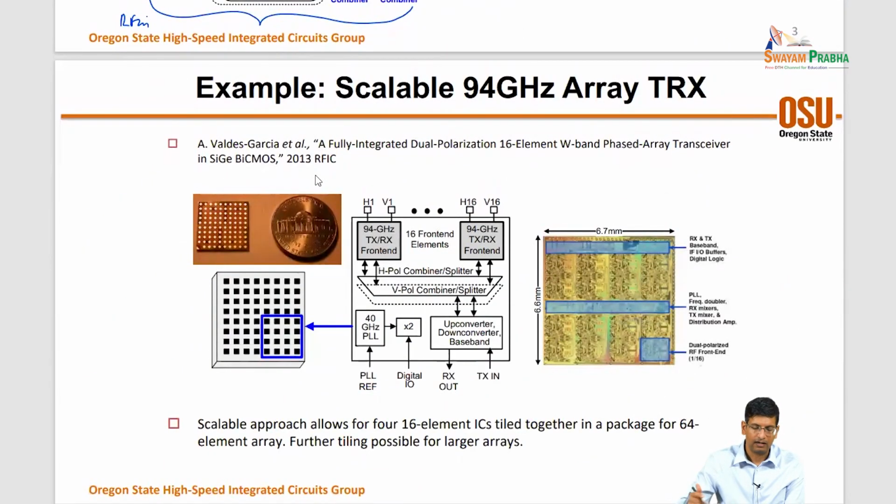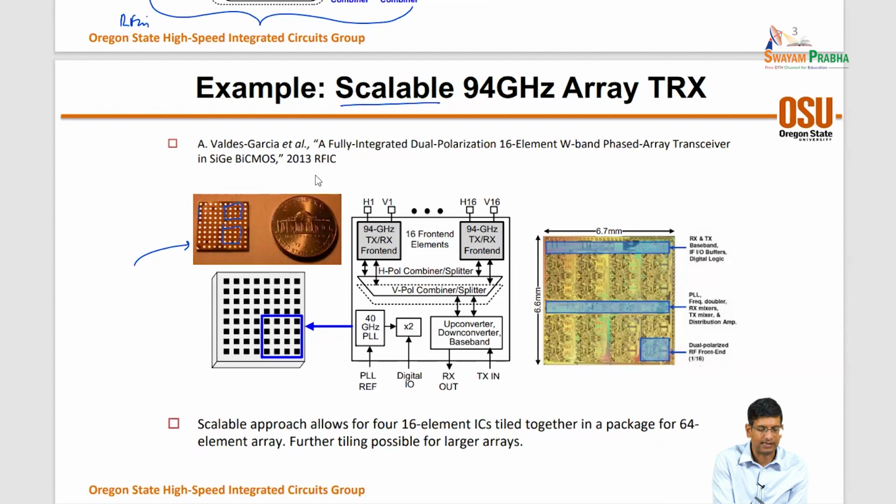And then following on, we looked at architectures that could be scalable as a unit cell tile, so that what I'm trying to build is a large scale array. So while this has 100 patches, only 64 of those patches are excited by actual elements. The others are sort of dummy patches, right? And what we have in this 94 GHz array is 4 ICs.